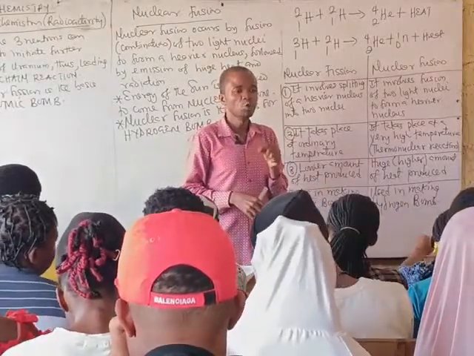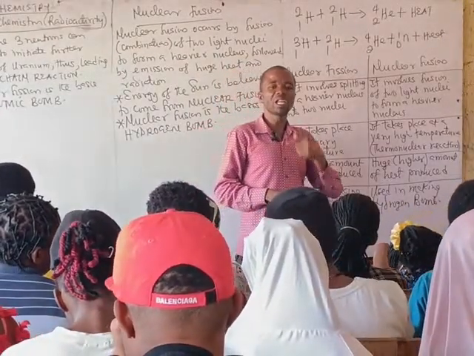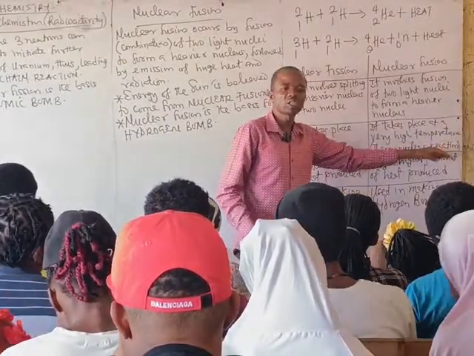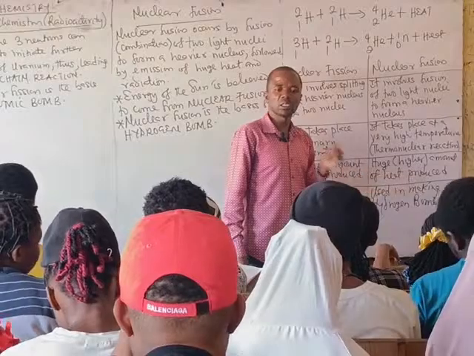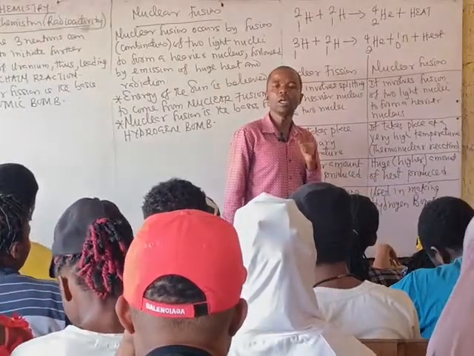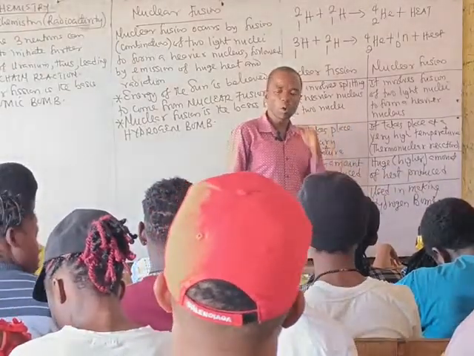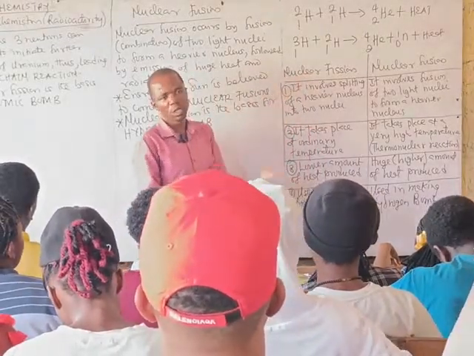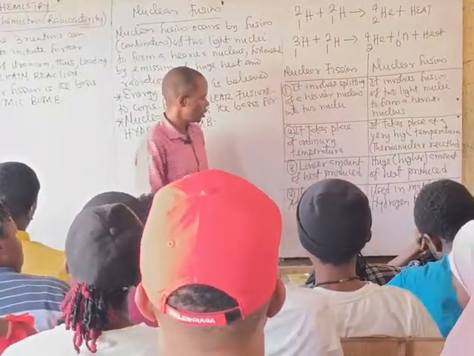That is why most of the time they refer to nuclear fusion reaction as a thermonuclear reaction. What does the word thermo there symbolize? Temperature, exactly, or heat. So nuclear fusion requires a high amount of heat for it to take place, whereas nuclear fission can take place at ordinary temperature.